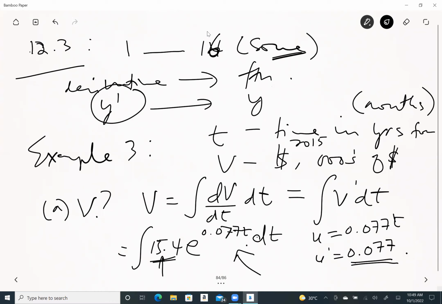So for 12.3, application, we do application questions. Compound interest: you do one problem, compound interest 49. And then you do the population growth 48.